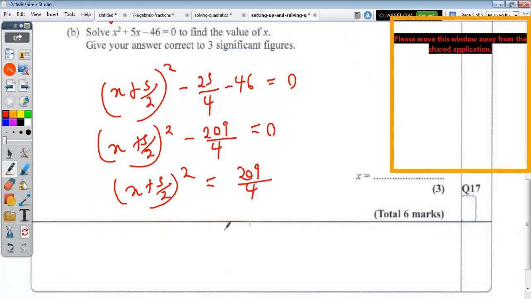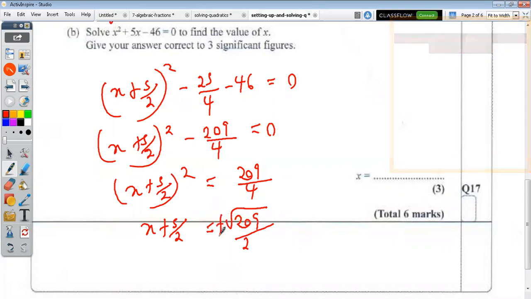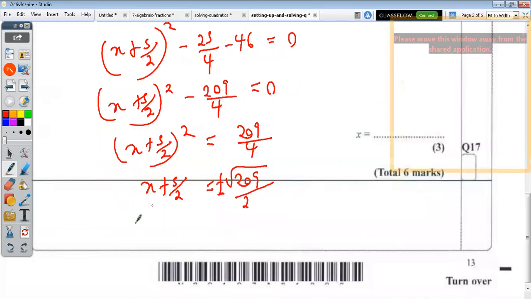Now I want to show you something. So take square root of both sides. So x plus 5 over 2 is equal to, now this doesn't have a square root, so you leave it like this. But square root of 4 is 2. So it's a plus or minus like this. Clear? Then move that the other side.